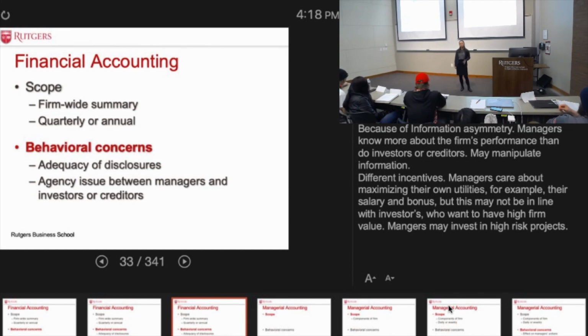One example could be that managers tend to accept projects that have high risk and high return in the short term, but this will hamper the investors' benefits because the firm value may decrease because of this high risk project. So this is just one example of this agency issue, and we're going to have some further talks about it in later chapters.